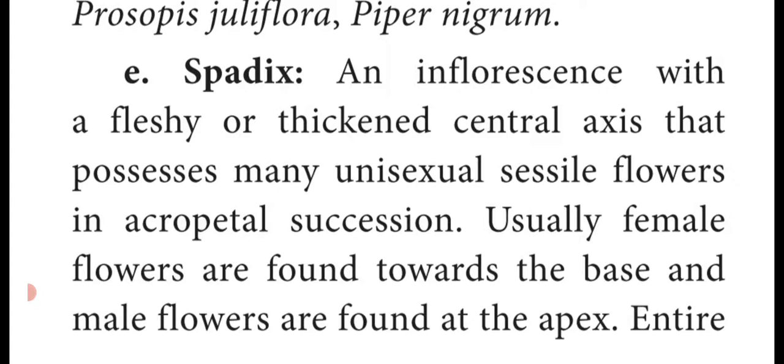These inflorescence axes possess many unisexual sessile flowers. That means male flowers and female flowers are separate, without stalk or pedicel. These unisexual sessile flowers are arranged in acropetal succession. That means at the base, matured ones, and growing towards the apex, young flowers.